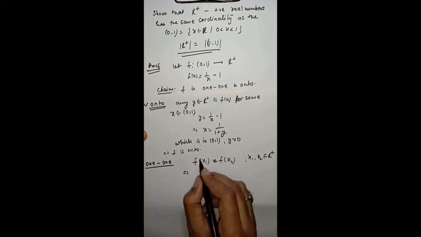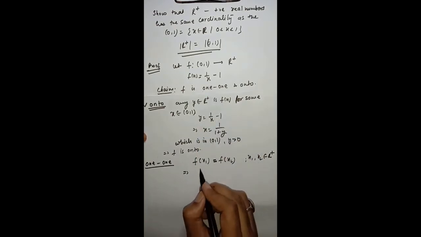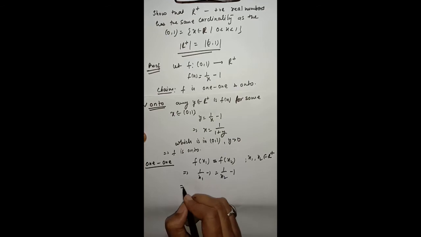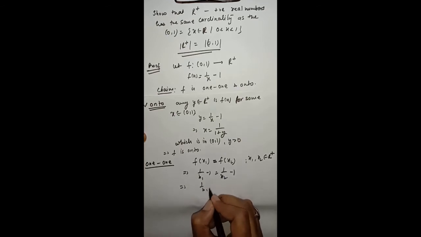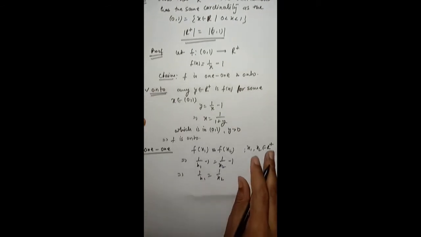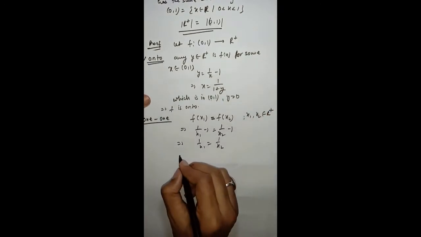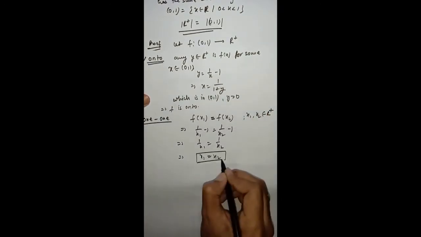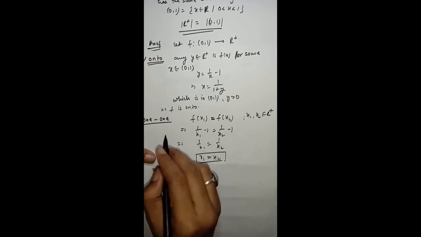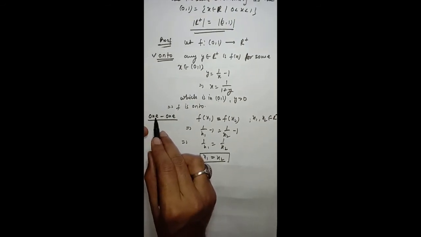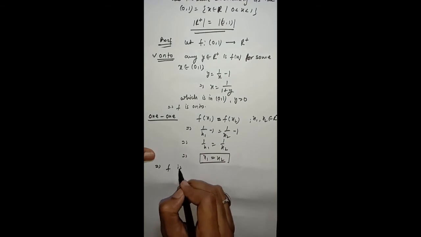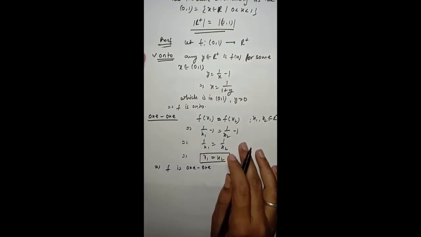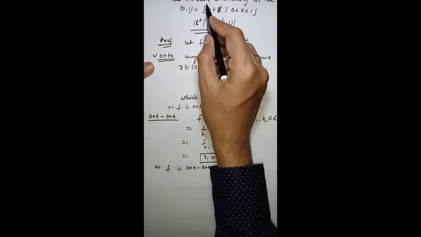This implies, by the definition of f, 1/x1 - 1 = 1/x2 - 1. This implies 1/x1 = 1/x2, and this implies x1 = x2. Hence we can say that the function is 1-1. f is 1-1.